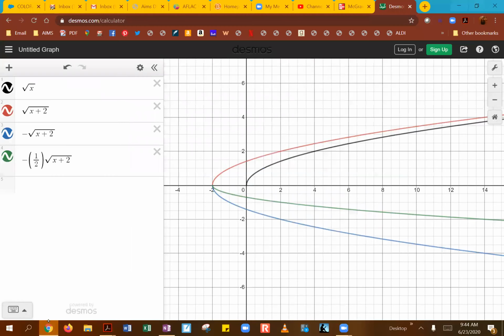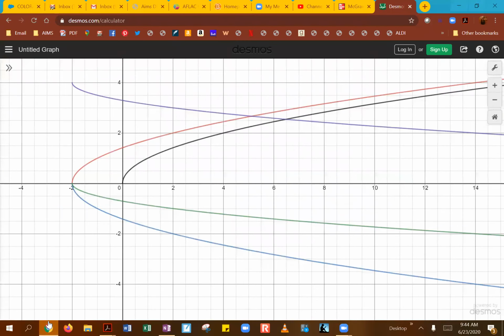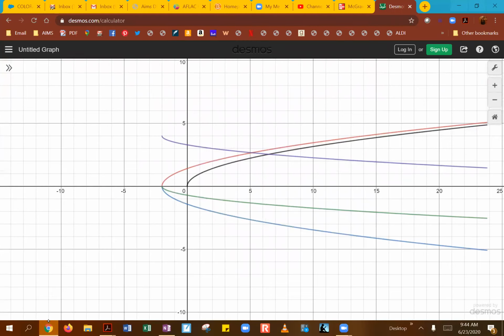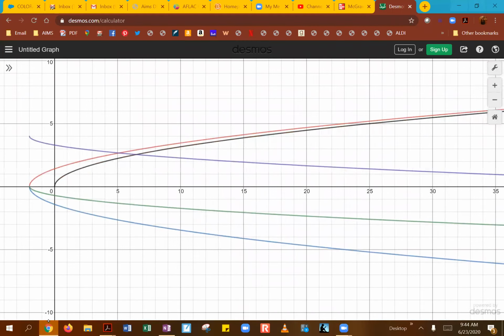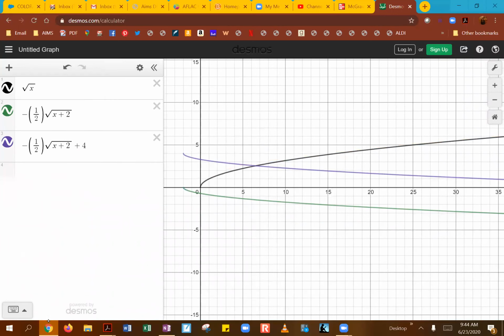And just to show you this on Desmos again, you're just taking this last part and you're literally just adding 4 at the end of it. And you can see this graph, which was originally in green, has now moved 4 units up. So let me see if I actually just get rid of these other ones here.